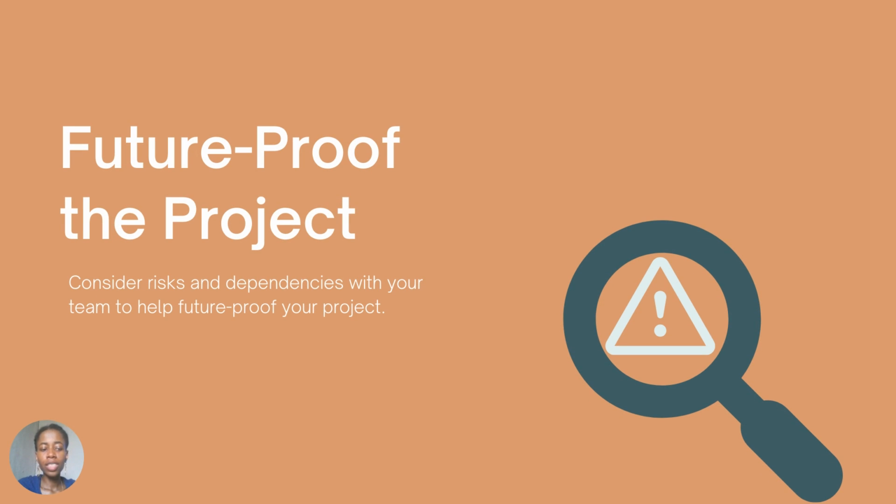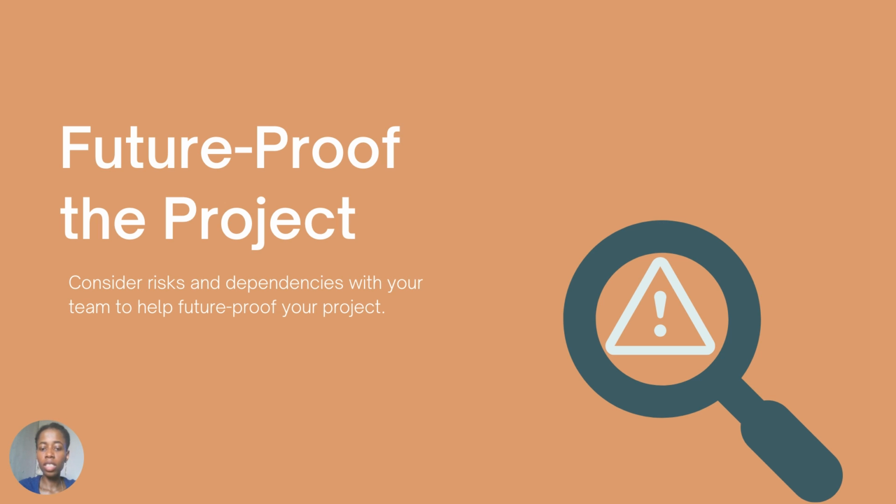Future proof the project. I know this might seem a little tricky, but future proofing is a way of anticipating the future and developing methods of minimizing the risk and stresses of future events. When you future proof a project, it helps you handle the supposed issues that might come up.